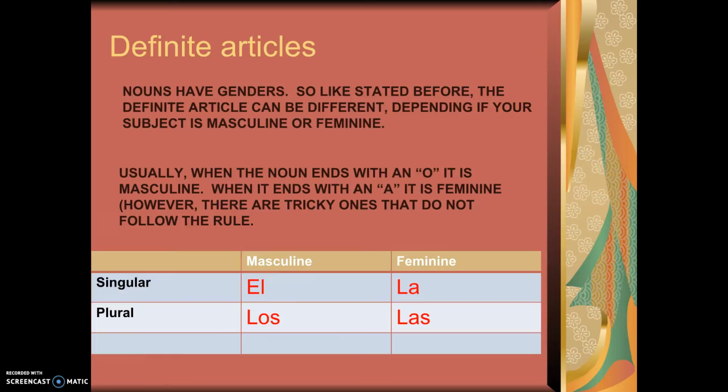Listen though, there are tricky ones that do not follow this rule. But for the most part, about 98% of the time, it follows this rule. If it's masculine, it ends with an O. If it's feminine, it ends with an A.